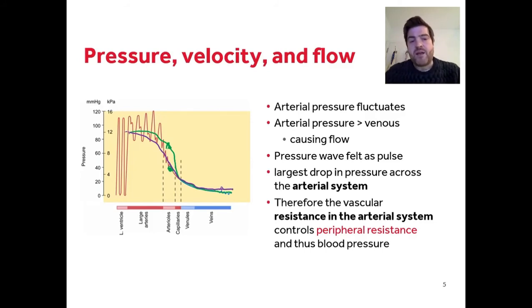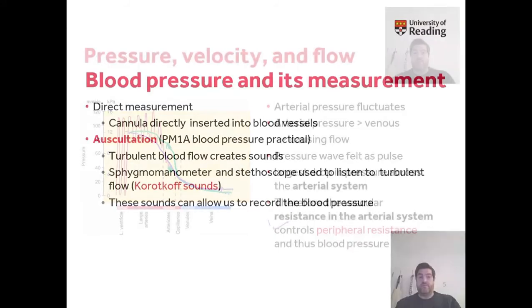So when we clamp the arterial system, we get a huge increase in the overall pressure, but clamping the veins gives virtually no change. Thus, that's why it's the arterial system that controls the peripheral resistance.